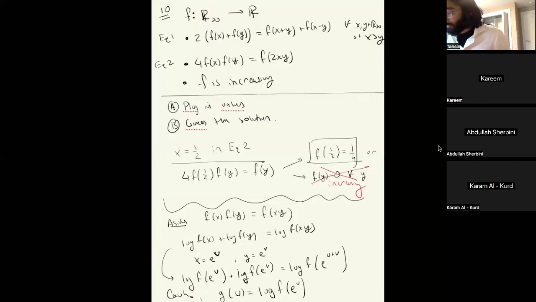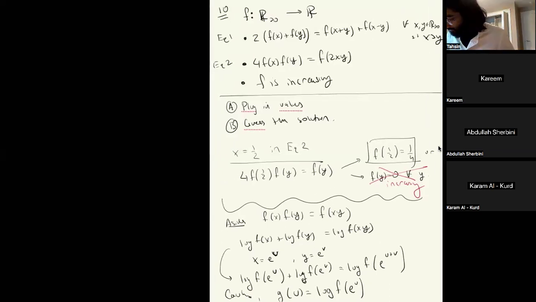And so why do I bring this up? This should give you some idea of how to guess the solution. The point is Cauchy should be linear. So let's look at what that means.